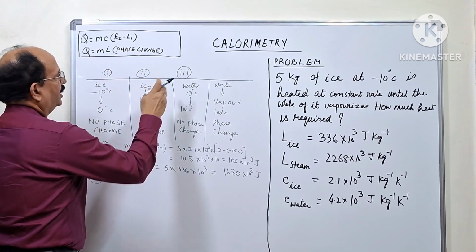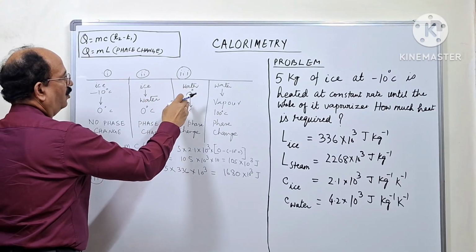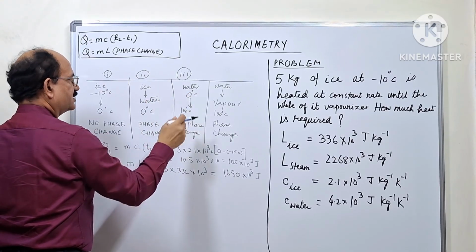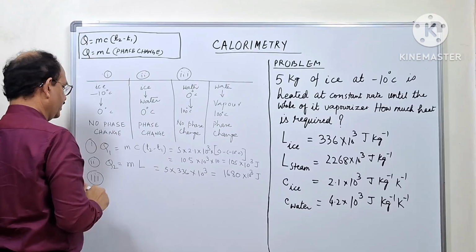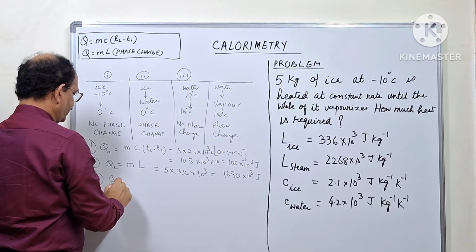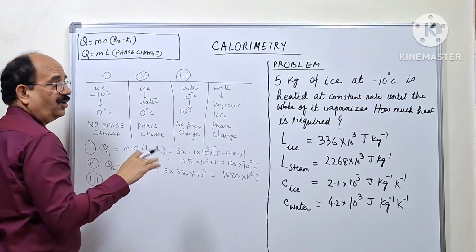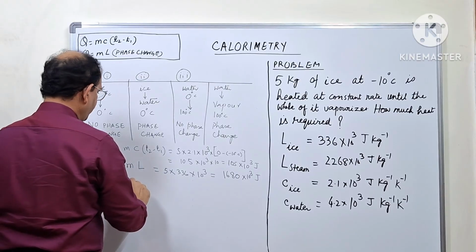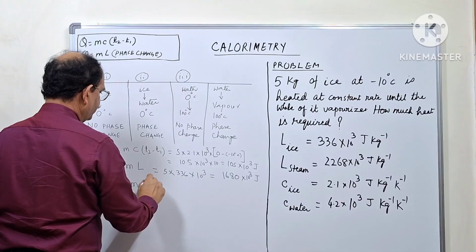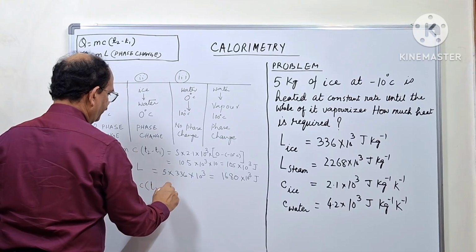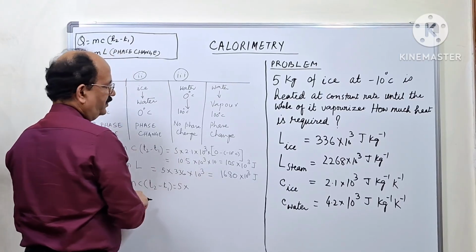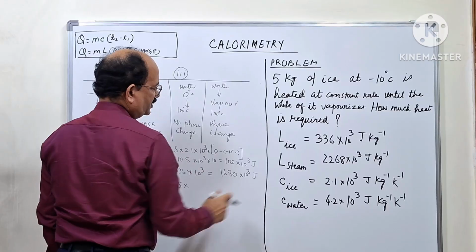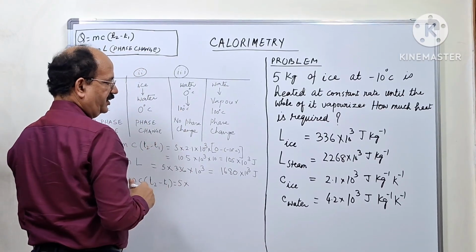Third stage, when water at 0 degrees Celsius is being supplied heat and the water temperature is increasing up to 100 degrees Celsius. In this case, there is no phase change involved, the water temperature is increasing, and therefore we will use this formula again. Now it will be 5 into the specific heat capacity of water, because everything is converted into water.